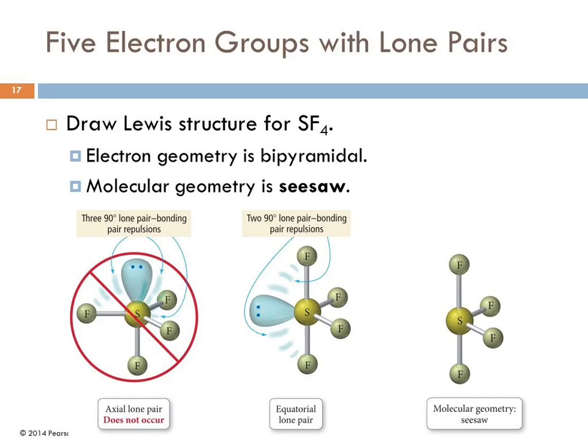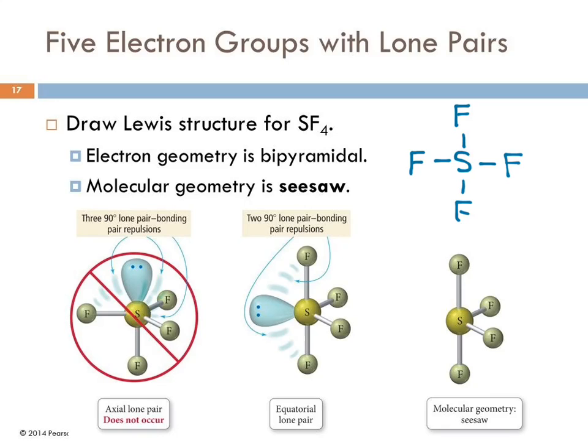So SF4, we're going to have a sulfur in the middle and fluorines around the sides. And then how many valence electrons do we have to put in here? Each fluorine has 7, right?